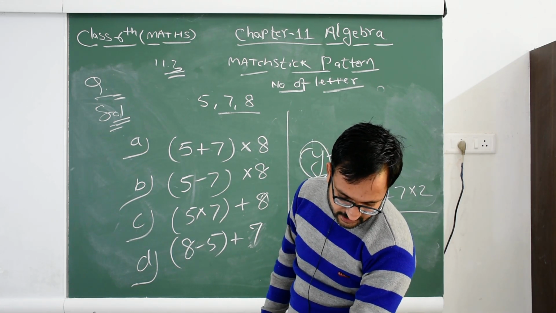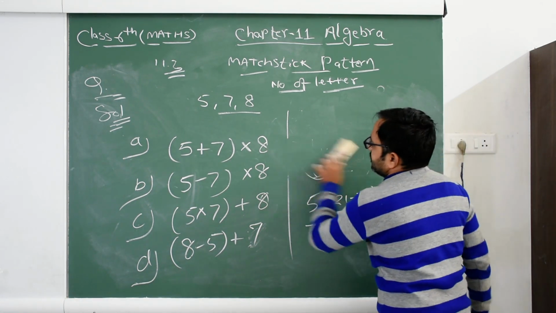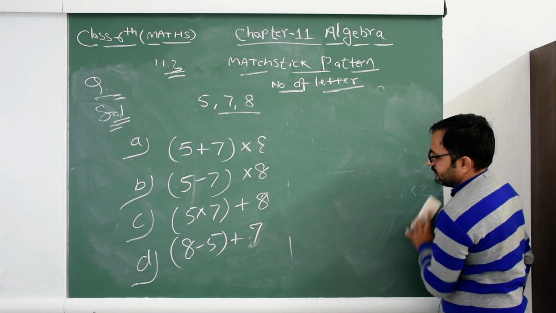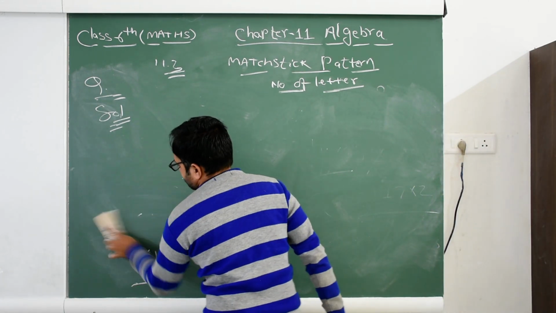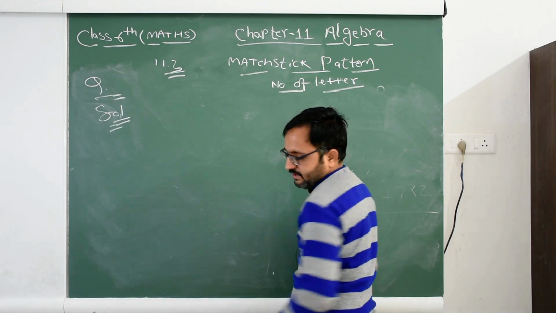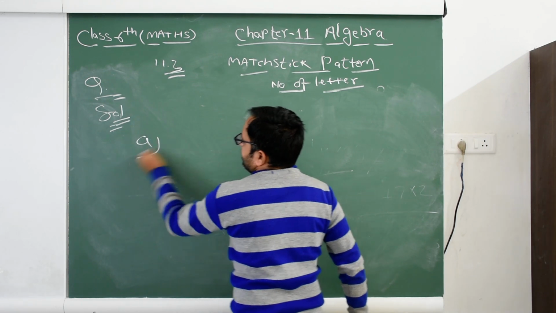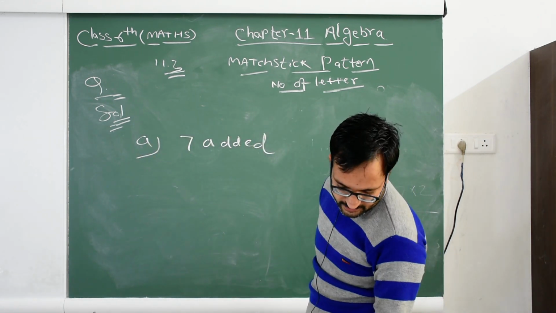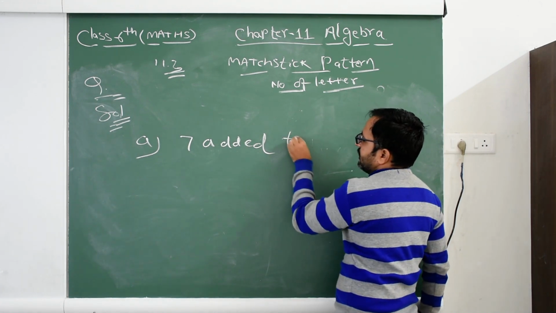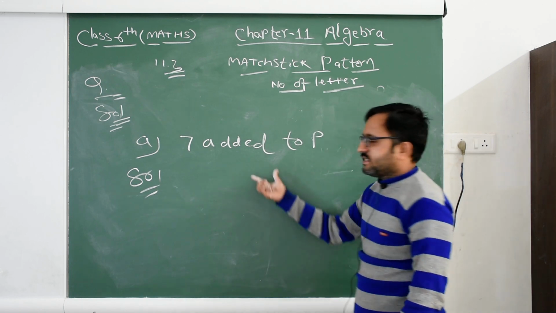Question number 4: give the expression for the following cases. This is a very good question. Now we make the expression. First, 7 added to p. This is the statement.